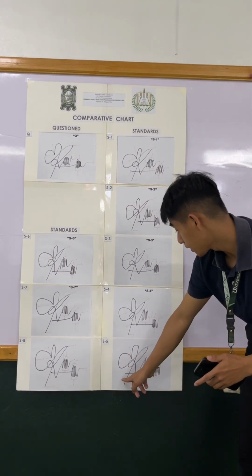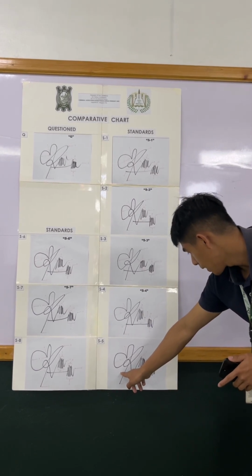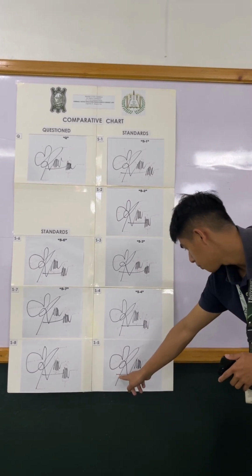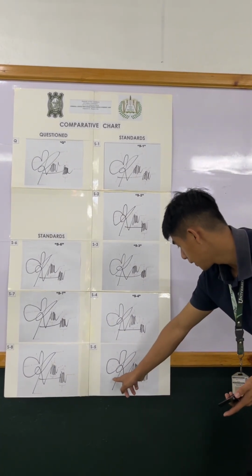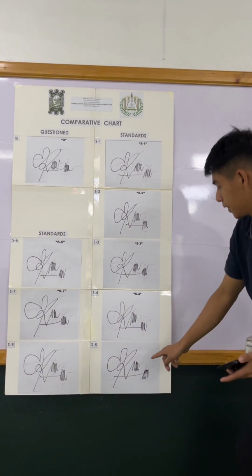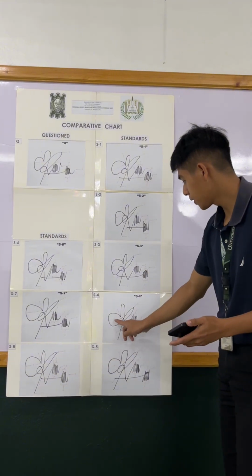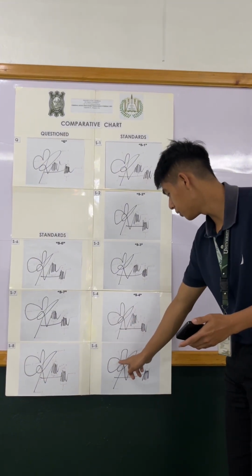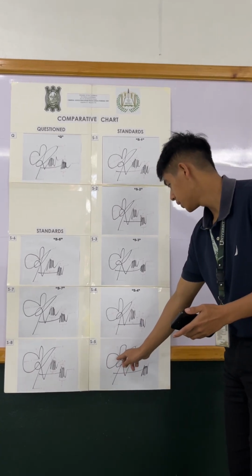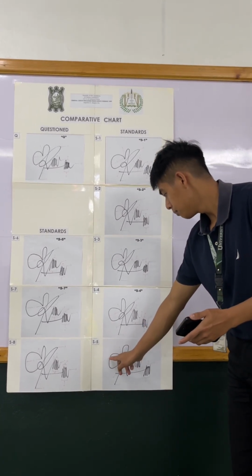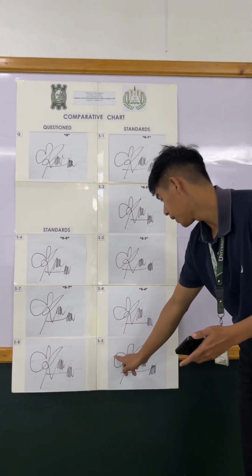Now, in the second characteristic, here you can see the dominating stroke has 13.5 centimeter and has a good line quality. And then here in the third characteristics, as you can see in the fourth characteristics, they have irregular round formation. However, here in standard number 5, the irregular round formation is leaning to the right.